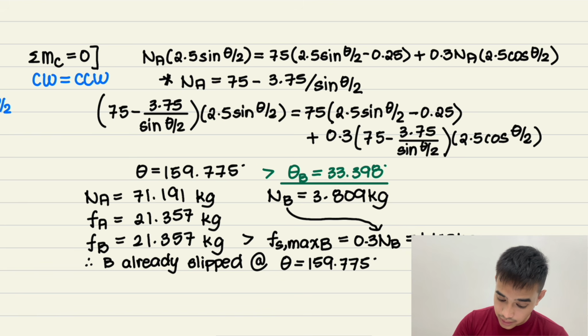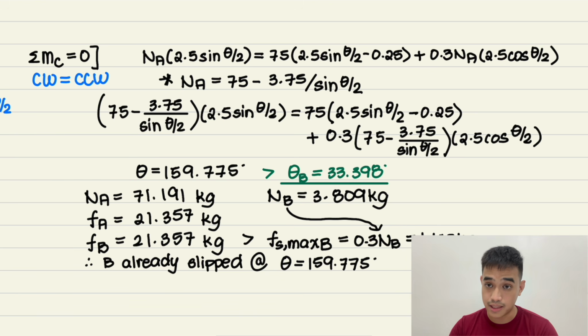Our theta will be 159.775. So what this tells us is that at this angle of 159.775 degrees, point A will begin to move. So we can already verify that this won't be our greatest angle because we've solved earlier that at 33.398 degrees, point B will begin to move. So there, we can already safely say that the greatest angle is indeed 33.398.